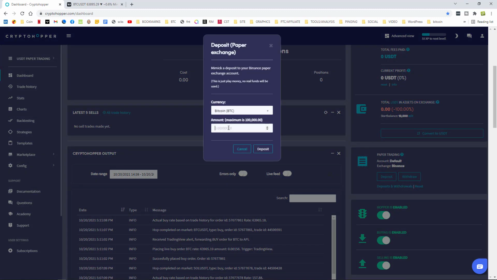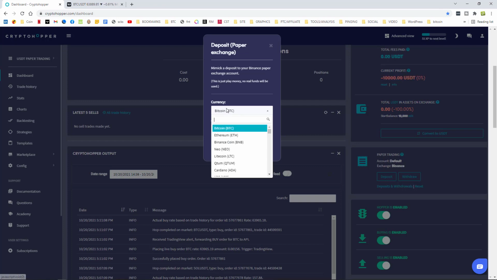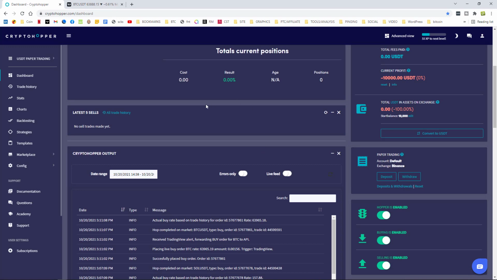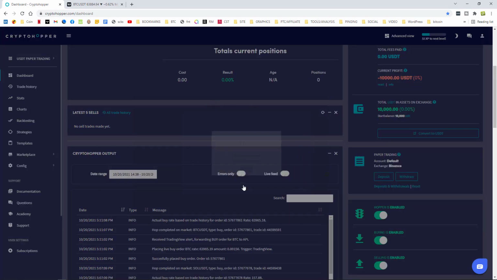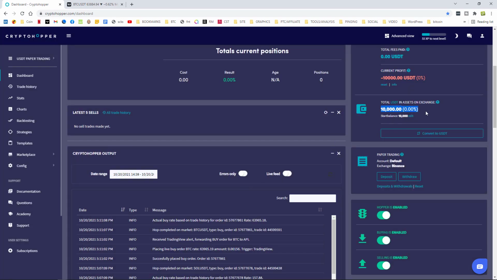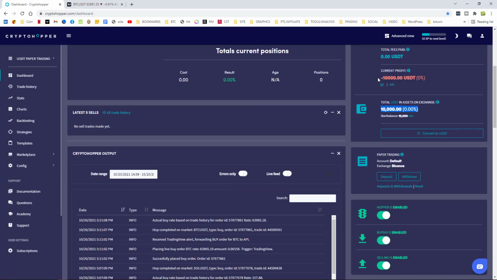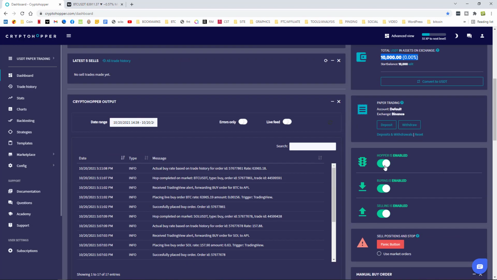I'm going to deposit 10,000 fake dollars, USDT. Okay. Now we've got 10,000 fake dollars in there. I'm going to reset this, so that says 0. Okay, good to go. Now I'm going to disable the bot because I don't want it to misfire.